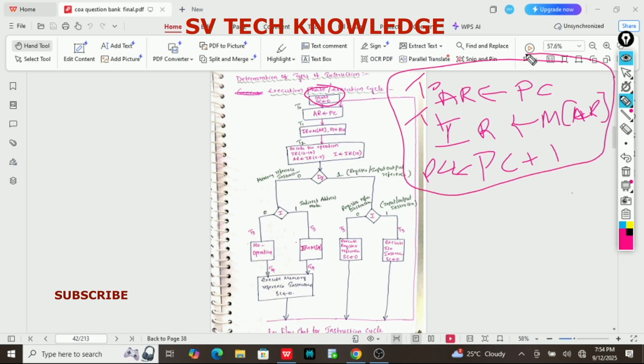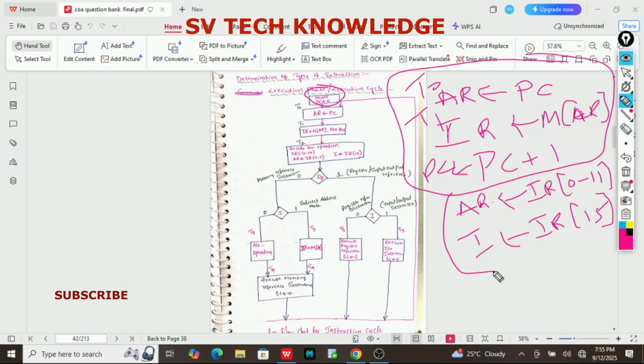Now in the decode cycle, bits 0 to 11 of the instruction register, total 12 bits, will be transferred to the address register, and the instruction register's 15th bit is transferred to the bit I. Now if the decoded item is D7, what does D7 mean?